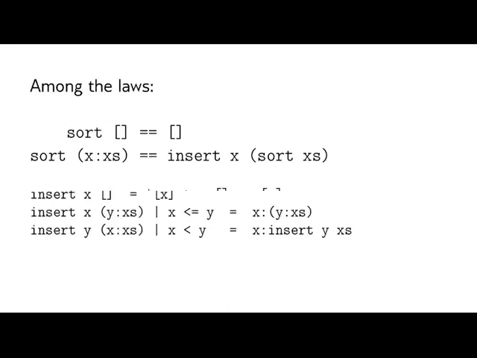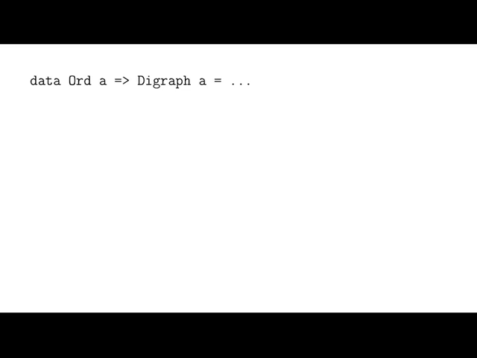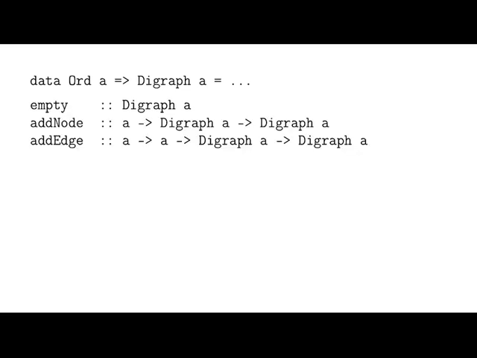We can just reformat it to get a quite readable implementation. Now let's see a second example. Let's go a little bit bigger and more complex: let's try to discover properties about directed graphs. We have this directed graph data type, never mind the actual representation, but it has constructors like the empty digraph.